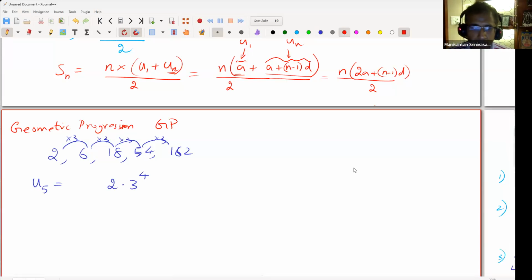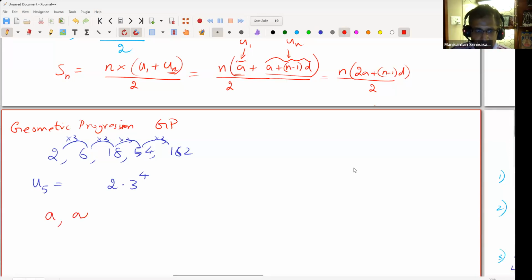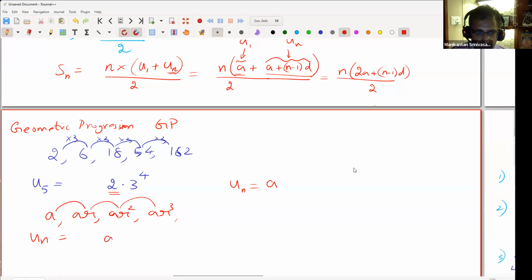More generally, a geometric progression starts with a first number a, and then each successive term is a times r. r is the ratio, the common ratio. So multiply by r, multiply by r, multiply by r, and so on. So the nth term would just be a. In fact, I'll write out below this. Un is, instead of 2, I'm going to write a.